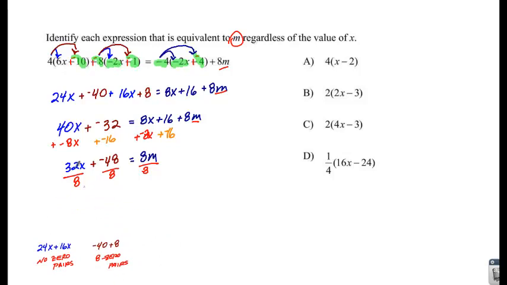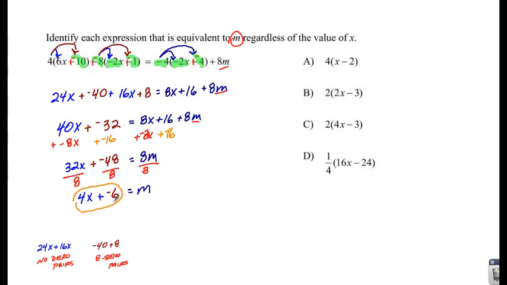So we have 32x divided by 8. That's 4x plus, we have negative 48 divided by 8. That is negative 6. And that equals m.